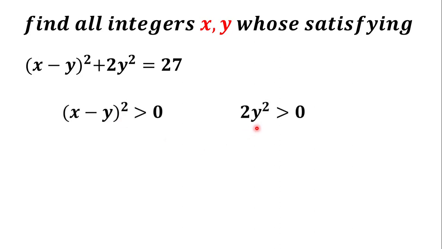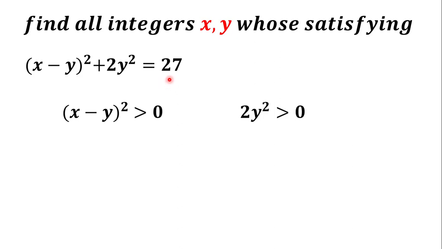Notice that if 2y² equals 0, there is no solution as x is an integer. Also, if (x - y)² equals 0, there is no solution as y is an integer.